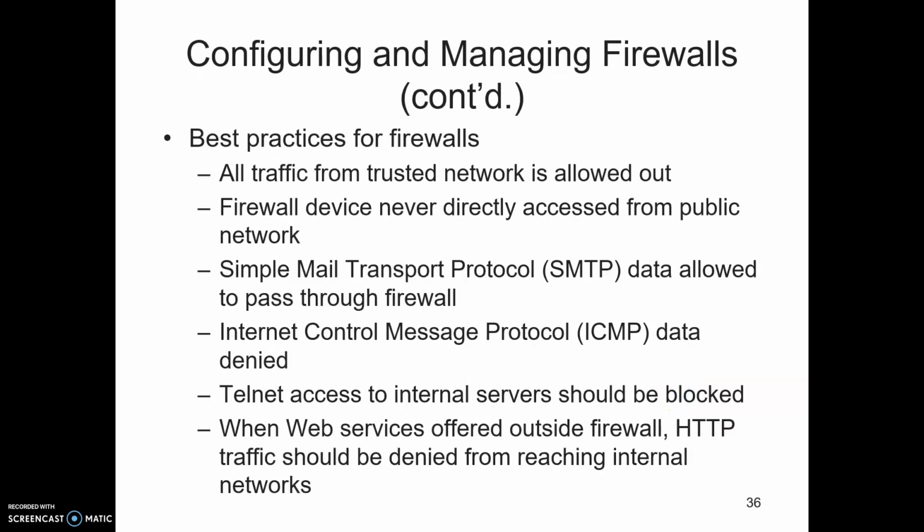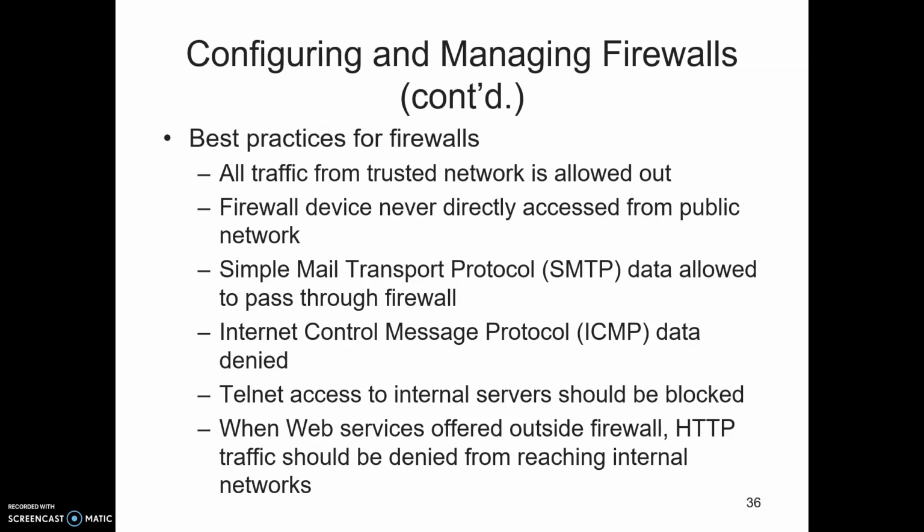The best practice for firewalls is to configure them so that all traffic from the trusted network is allowed out. The firewall device is never directly accessible from the public network, to prevent any intruders from changing the firewall policies.